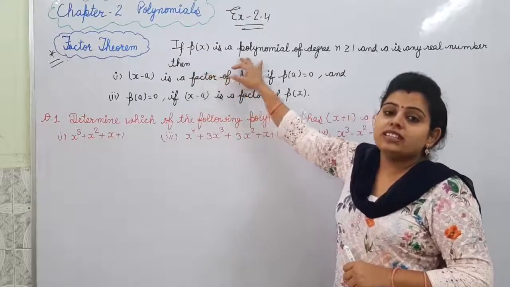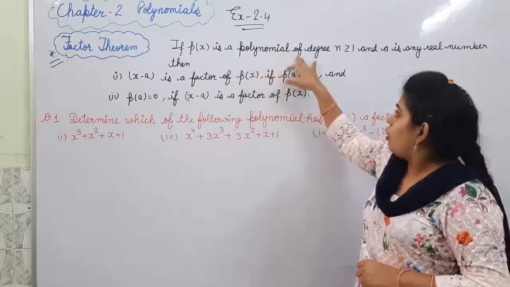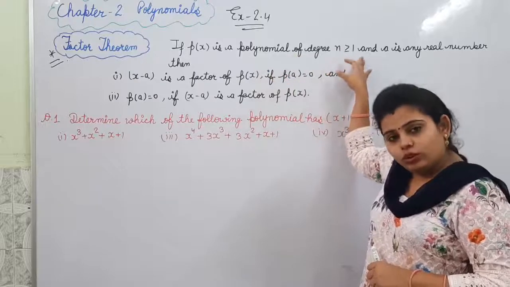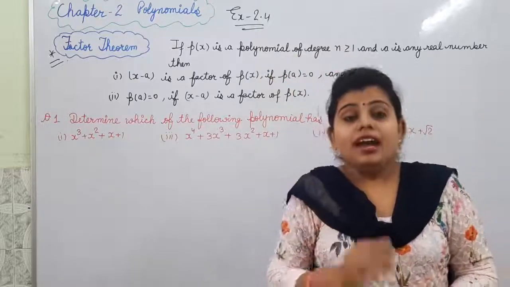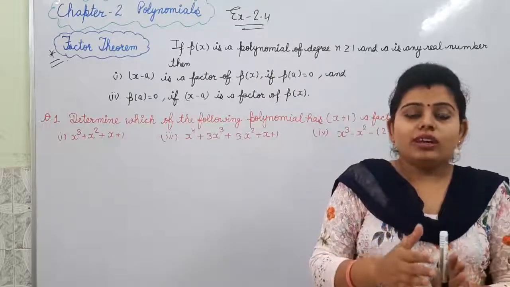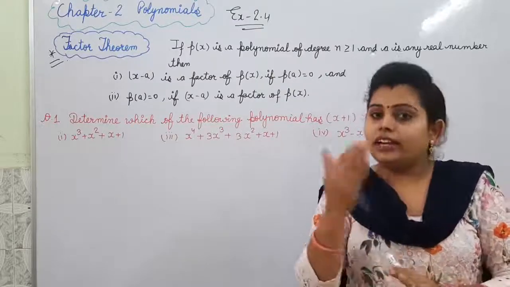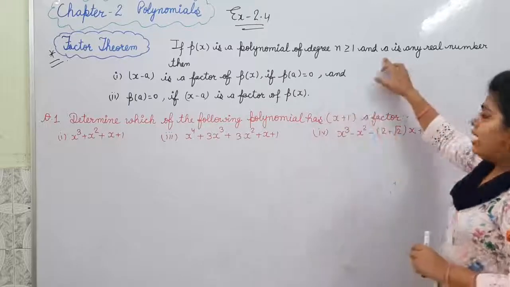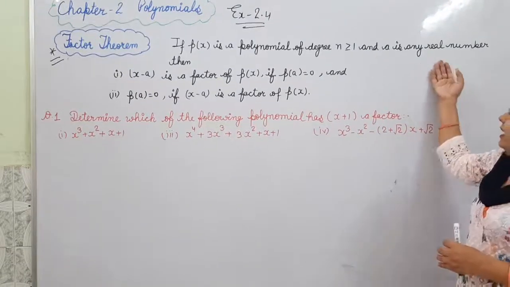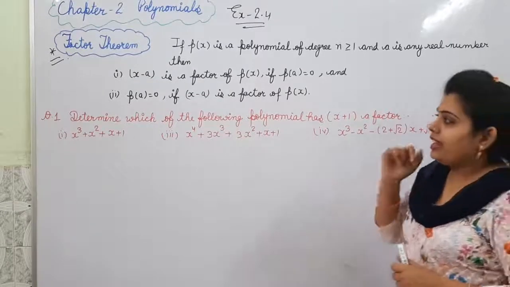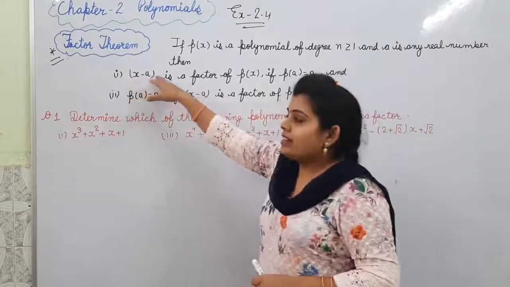If p of x is a polynomial of degree n greater than or equal to 1. Suppose we have a polynomial p of x and the degree of that polynomial is either equal to 1 or greater than 1, and a is any real number, then x minus a.